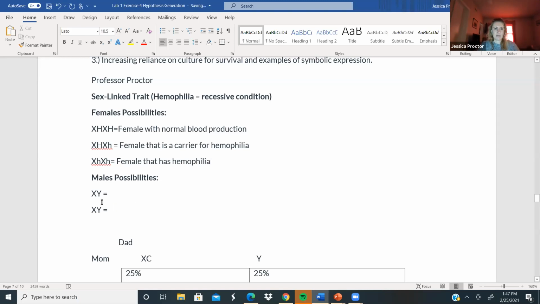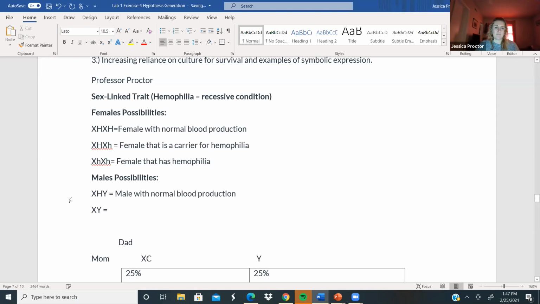Okay, and then since males only have one X chromosome, remember that those alleles, those genes that code for normal blood production or for hemophilia, are located on the X chromosome. So if there's an uppercase dominant H on that male's X chromosome, then this is a male with normal blood production.